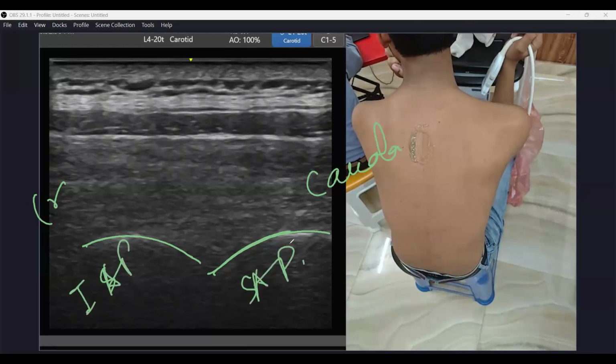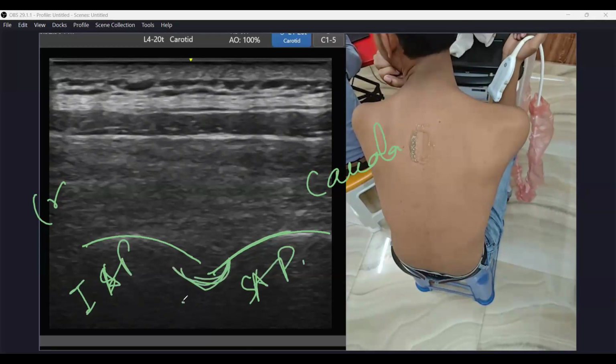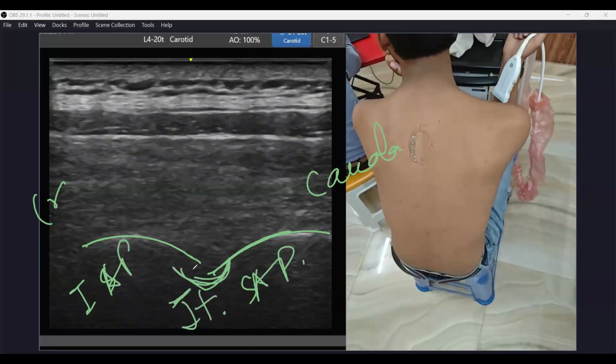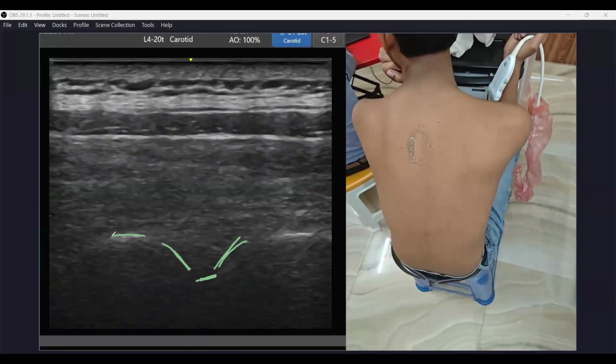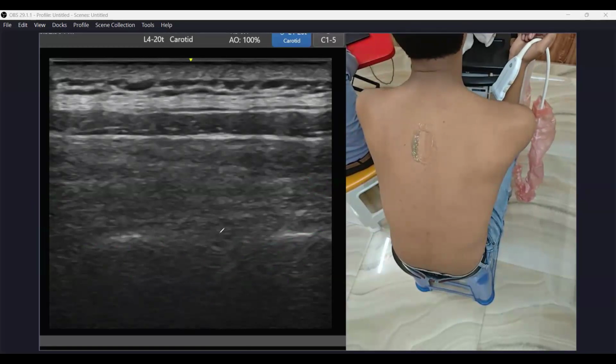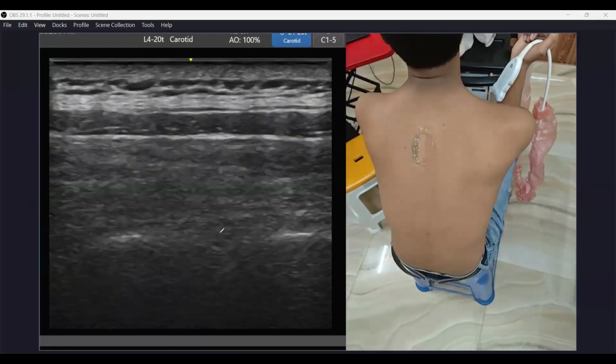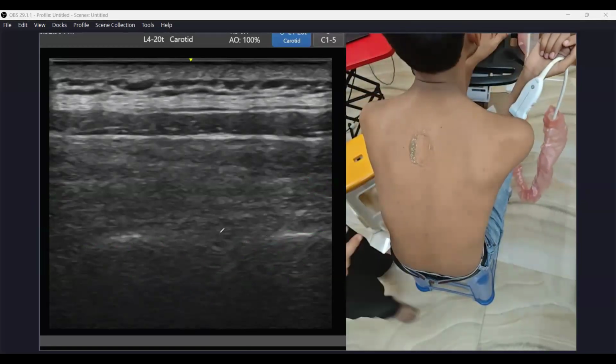This is the superior articular process, and this part is the facet joint. So how will you understand whether it is joint or lamina? When this gap is very small, then it is the joint area, and when there is adequate gap, then you will say that this is a lamina. I will show you with the other probe.